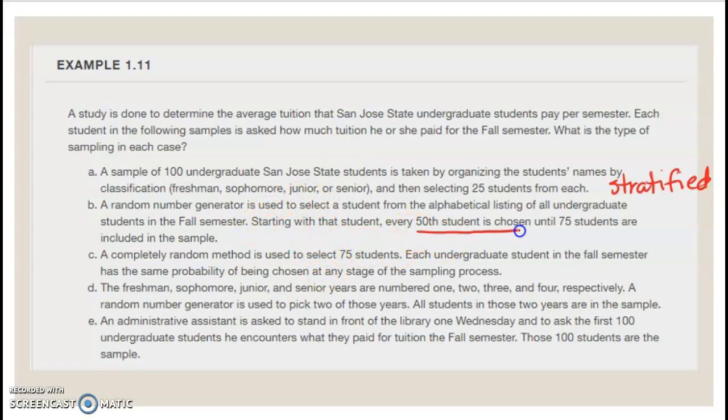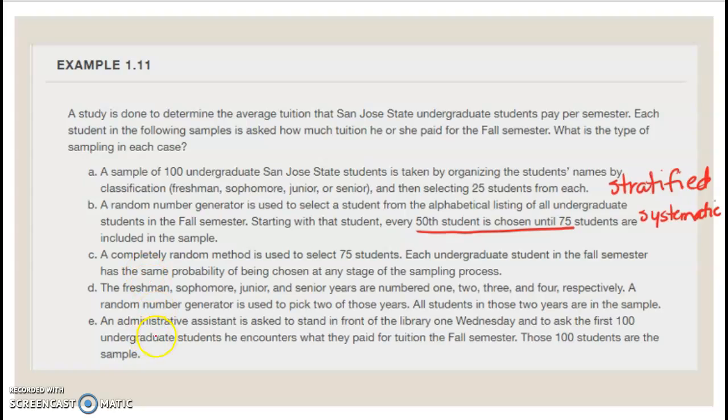Every 50th student is chosen would be systematic, though. That random number generator, when you give them that, goes with random sampling. The alphabetical listing is systematic, but this every 50th student, that would definitely be systematic.